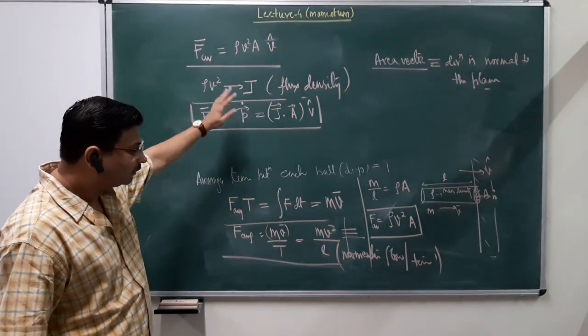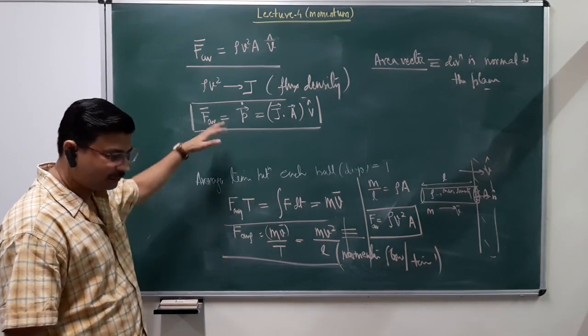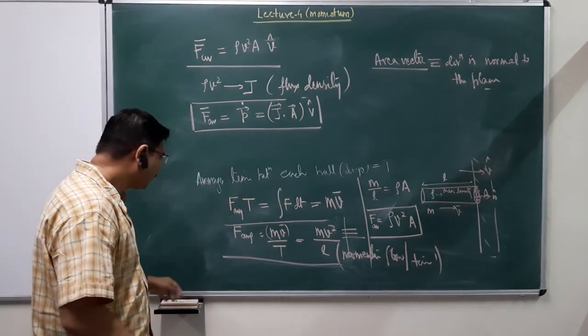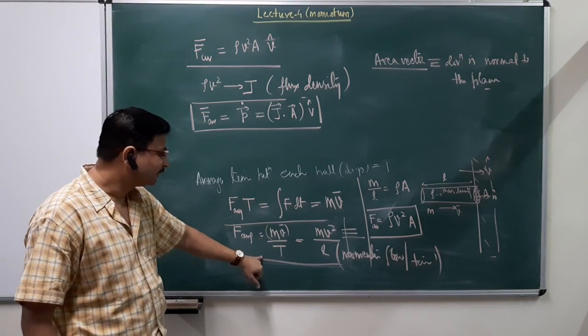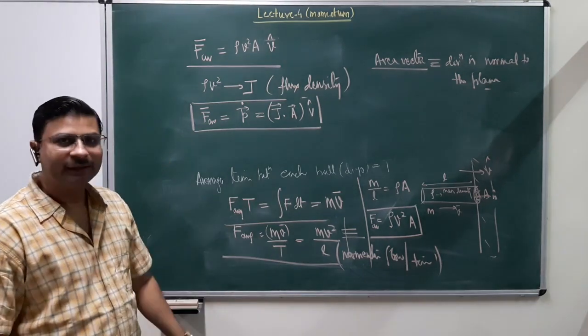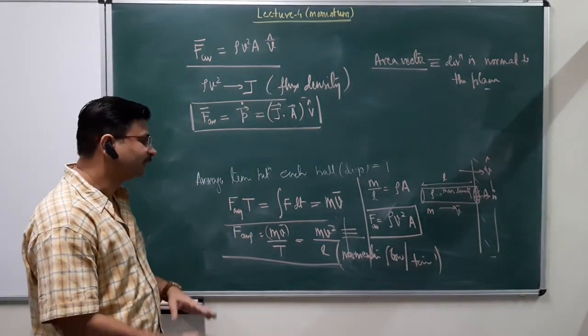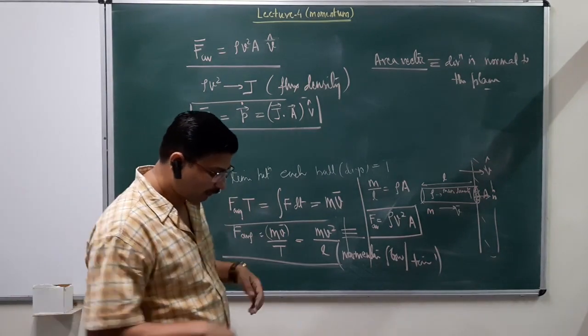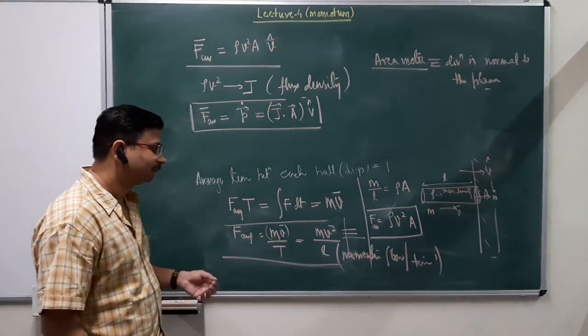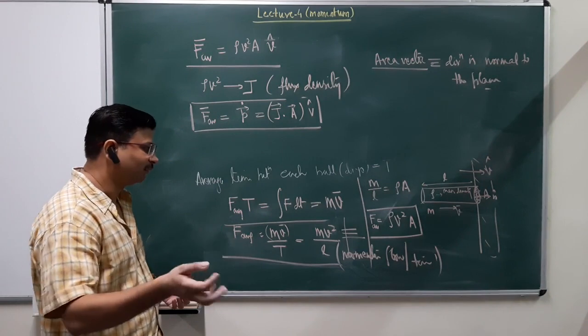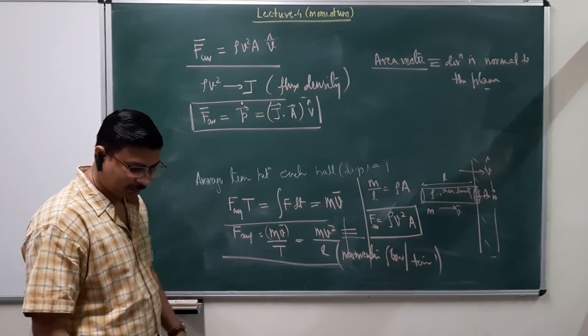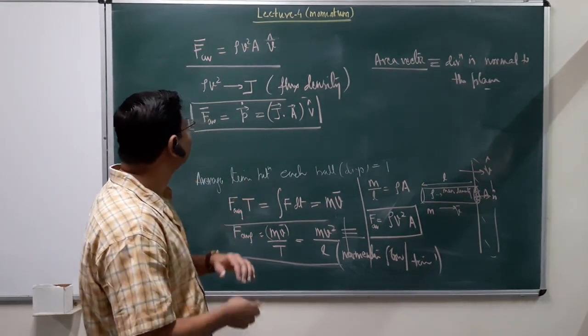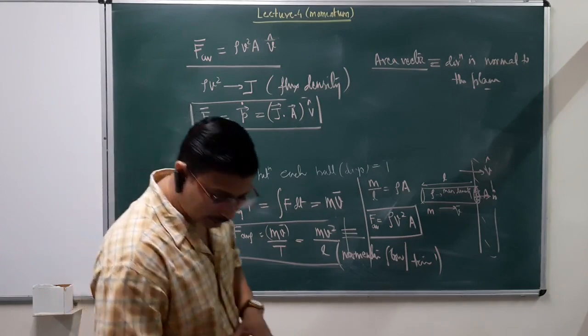Okay, so let's leave it here. We don't have to dwell much on this right away. However, what is important is to understand this analysis, and then you can probably try to apply this to find out the average pressure because of air inside a closed container, on the walls of the container, and things like that. Okay. So we'll continue further on the momentum in the next lecture.